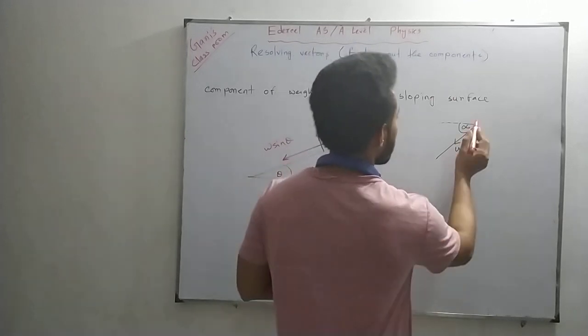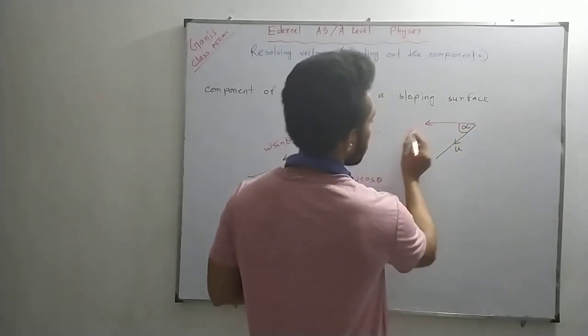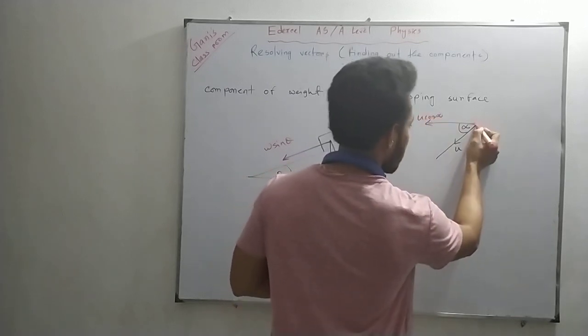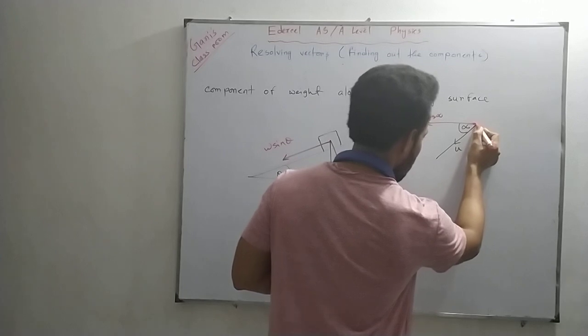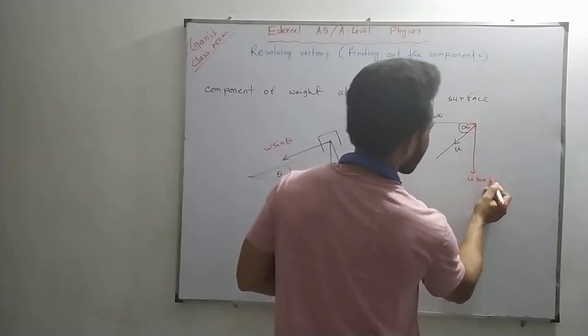Then we can write that the component of u in this direction will be u cos alpha, and the other component perpendicular to that one will be u sin alpha.